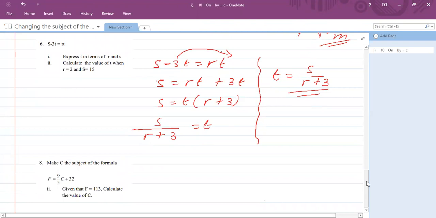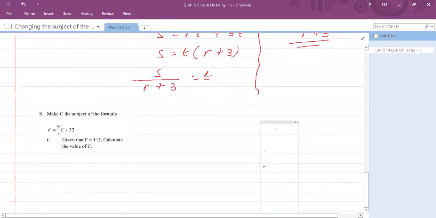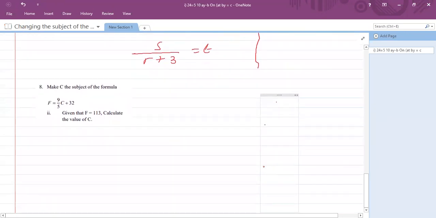All right, so we are looking at number 8. We're supposed to make C the subject of the formula, right? Oh, that's new. Okay, let's see. How do I make C the subject?